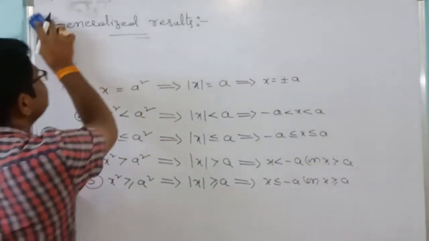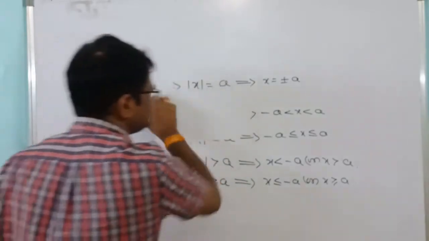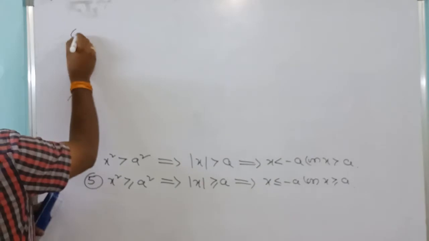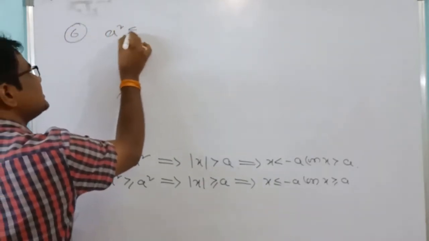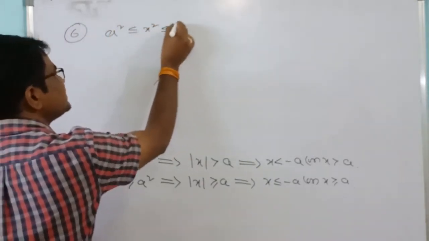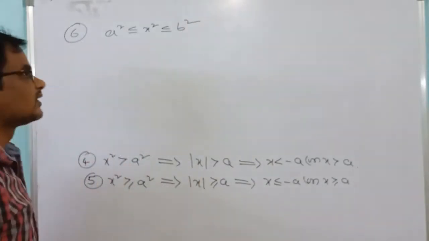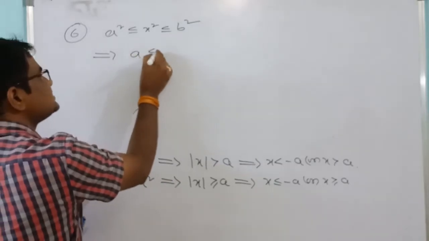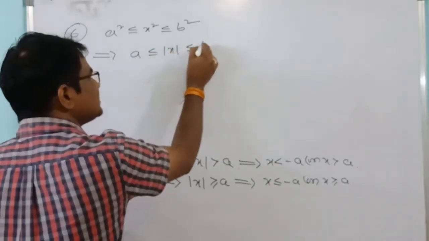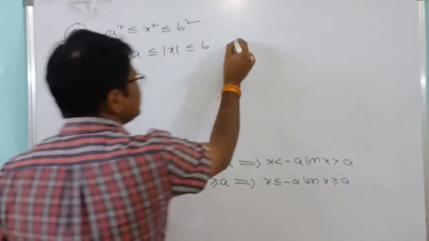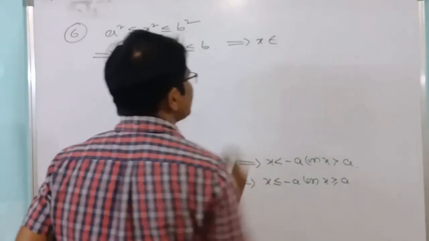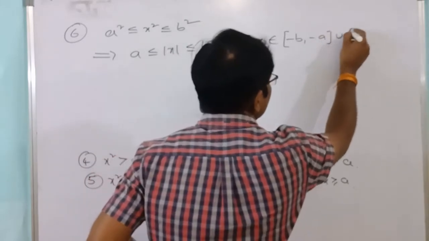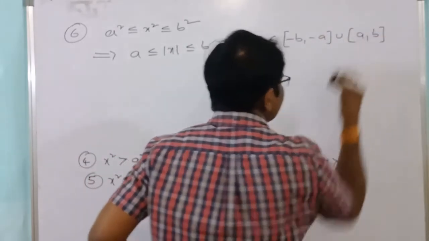Next, take the sixth one. Suppose the given is a square less than or equal to x square less than or equal to b square. This can be written as a less than or equal to mod x less than or equal to b. So this means x belongs to the closed interval minus b to minus a union a to b.